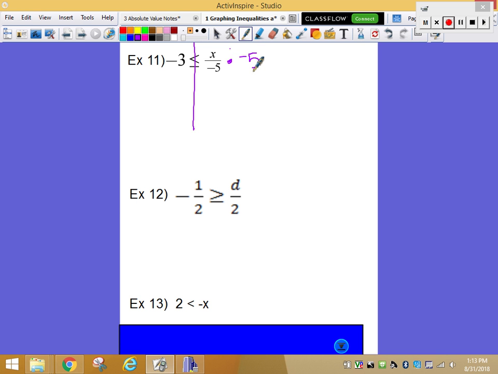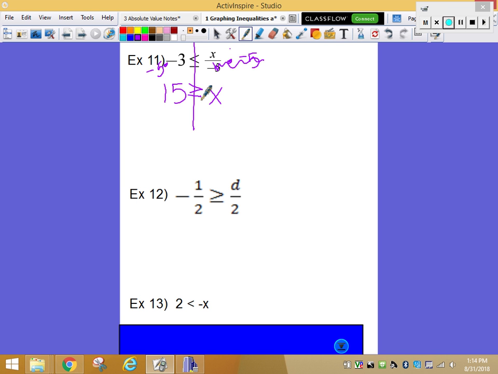So I'm going to multiply by negative 5. So these cancel and I have x. Negative 5 times negative 3 is a positive 15. But I multiplied by a negative. And your rule is, if you divide or multiply by a negative, you have to flip this inequality.